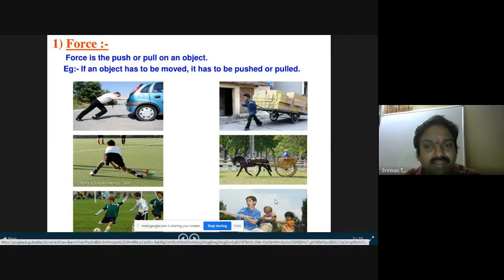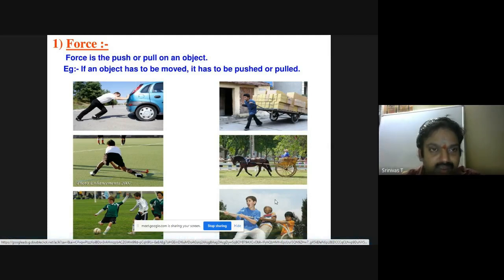Looking at these pics, how do you define force? Can we define force as either push or simply pull? Yes, we can define force in basic terms as either push or pull on an object. So a push or pull on an object is said to be force. If an object has to be moved, definitely it must be either pushed or pulled. In all the cases that you are seeing in the pictures, there is some kind of force, whether it is push or pull.